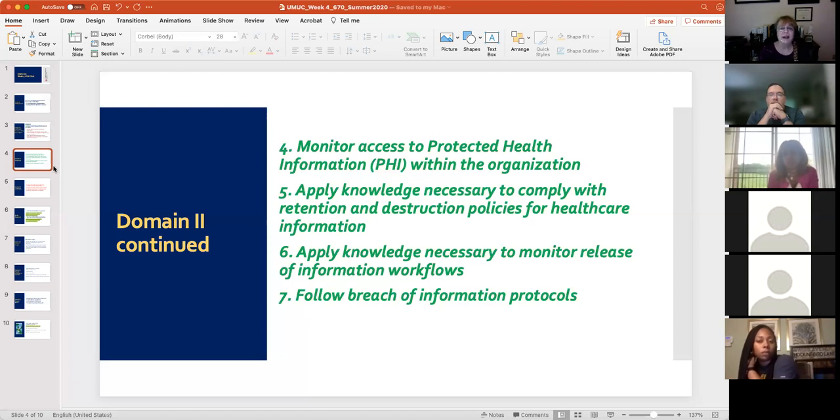It's really pretty systematic. However, there are lots of layers to breach of information protocols, depending upon how many patients were affected. It will range anywhere from notifying those 10 patients that their records were potentially breached, all the way up to more than 500 patients, where you not only have to do that, you have to notify the press.